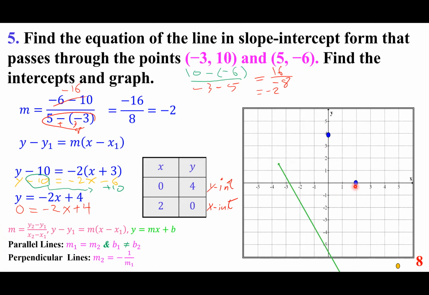Connect them. And also let's put the two pairs. One of them is 5, negative 6. One of them is minus 3, 10. There wasn't enough room for that, but I just wanted to emphasize you can always use the original pairs, but when you find the intercepts, it makes it more precise.